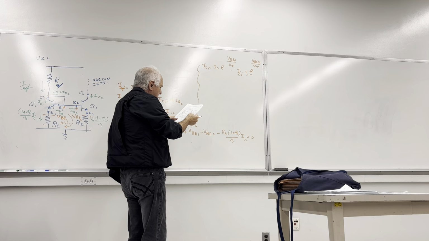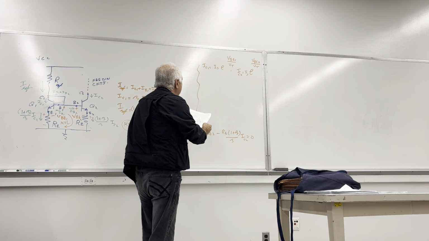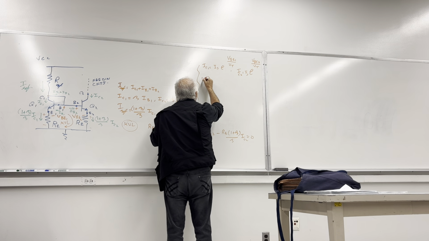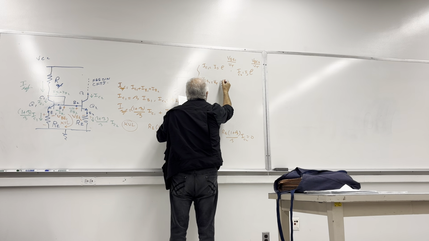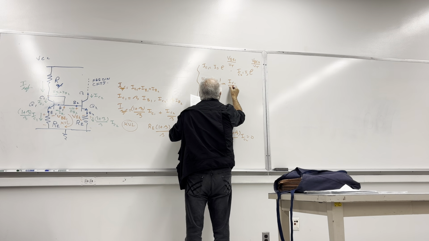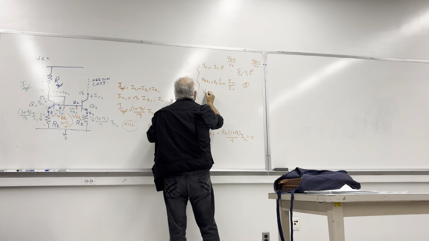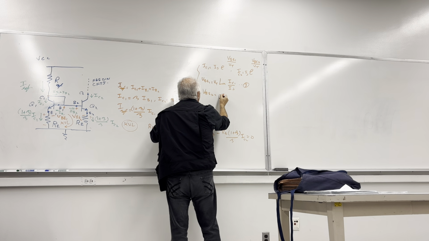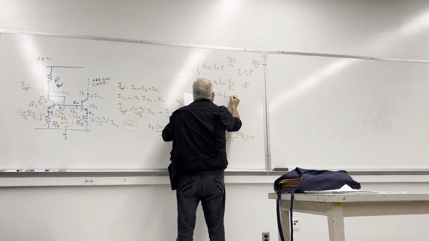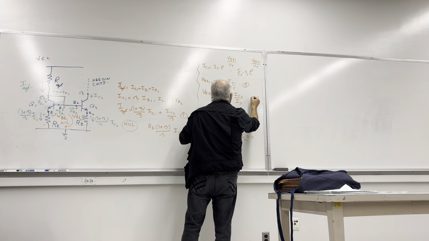So, from 3 and 4, from these two last equations, if you substitute VBE1 equal to VT ln of IC1 over IS, marked equation 3, and VBE2 as VT ln of IC2 over IS, equation 4.